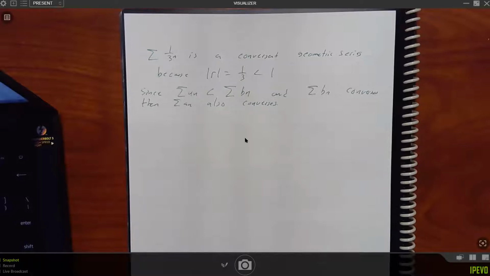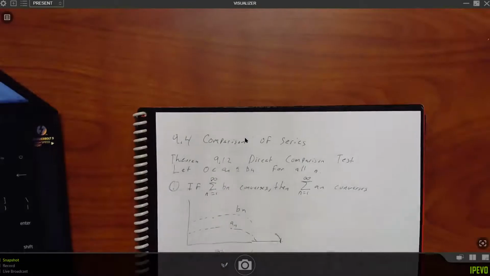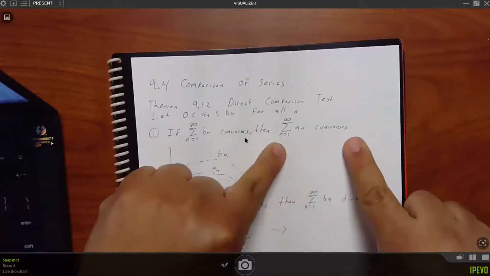Does that idea make sense to you? Remember, if the bigger one converges, then the smaller one converges.